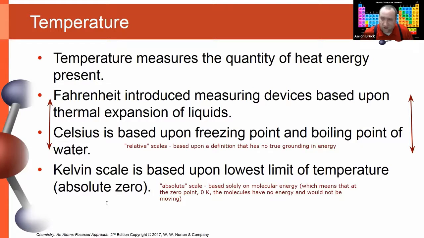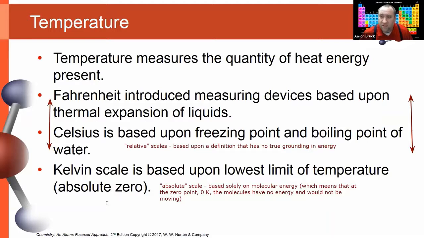And if I look at the energy of the molecules at 20 Fahrenheit and the energy of the molecules at 40 Fahrenheit, they don't have a linear relationship to each other. At least not a one-to-one relationship. The molecules at 40 degrees are definitely not moving twice as fast as the ones at 20 degrees. But on an absolute scale like the Kelvin scale, that is absolutely true.